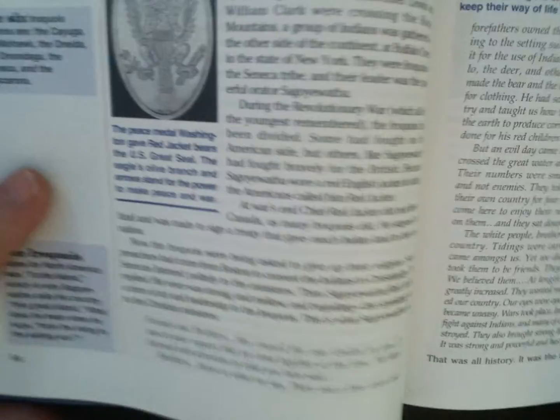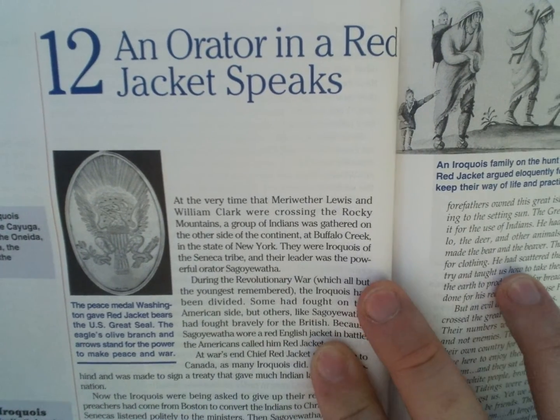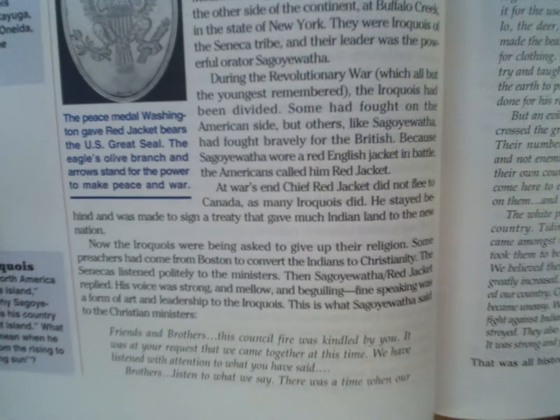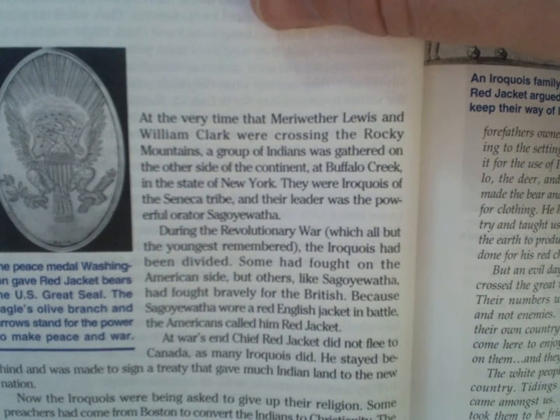Okay, so we should now be on the page that says 12, "An Orator in a Red Jacket Speaks." Let's get that nice and close for our viewing audience at home. I'll go ahead and start us with the reading.